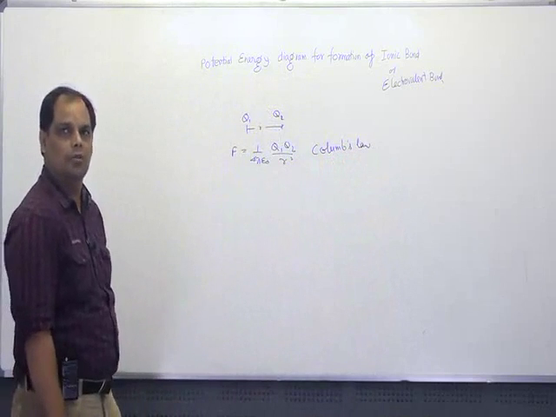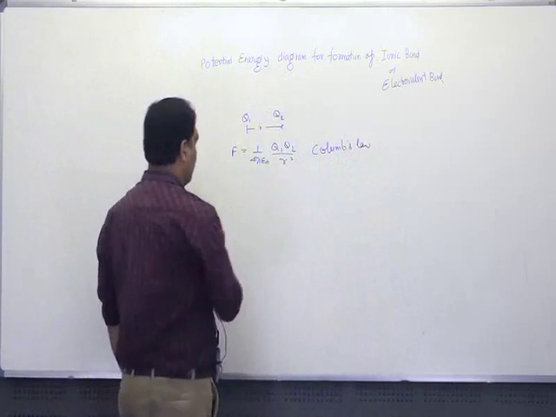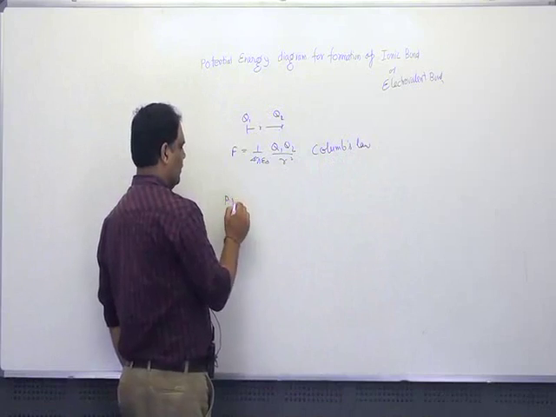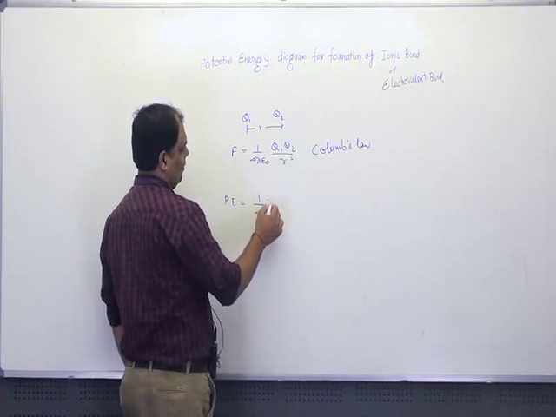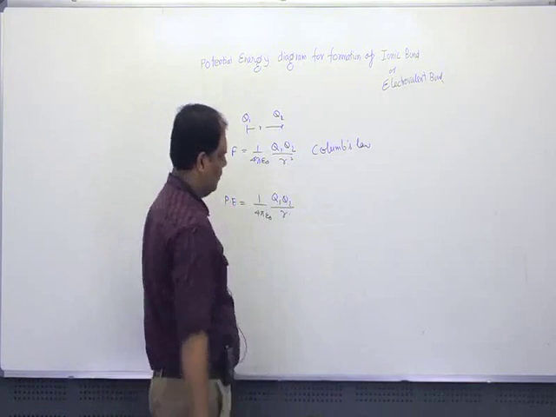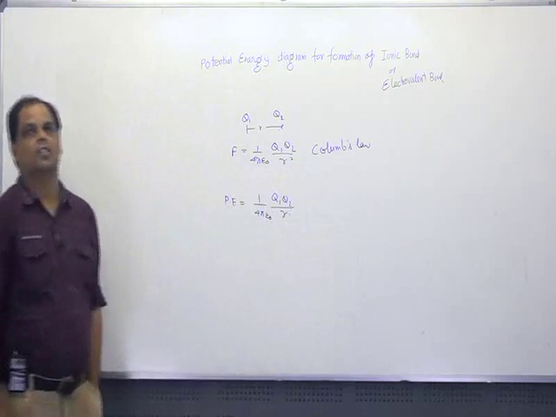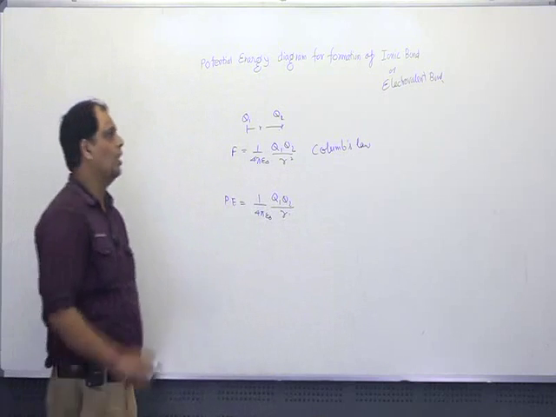Again, the potential energy of this system is 1 upon 4 pi epsilon naught Q1 Q2 by r. This is the expression for potential energy for these two charges.